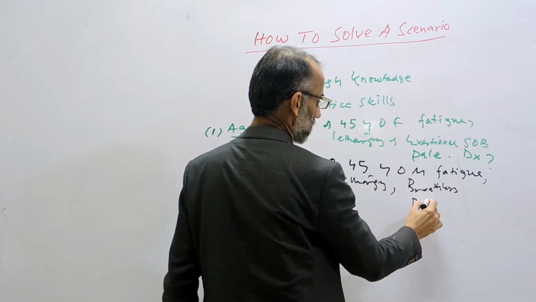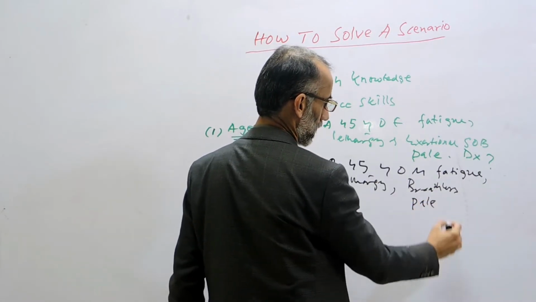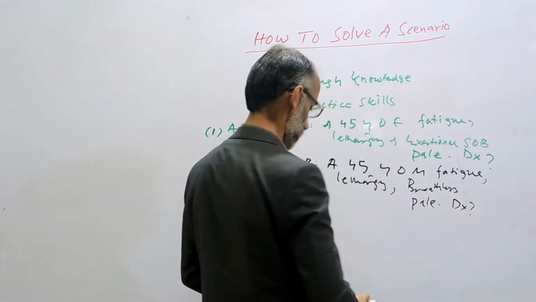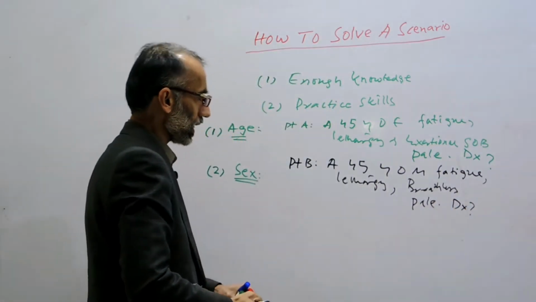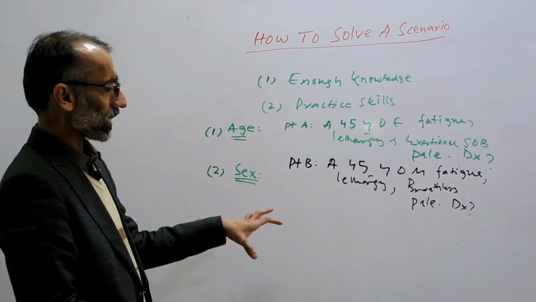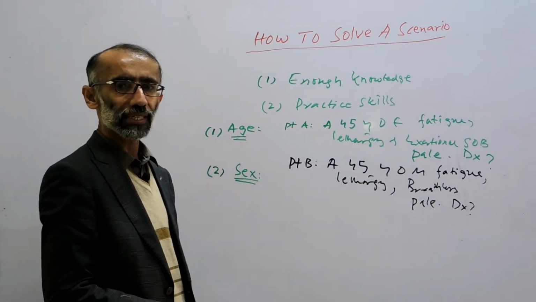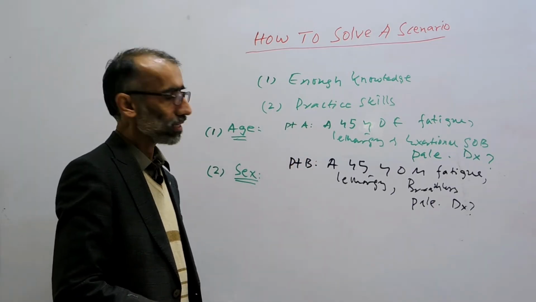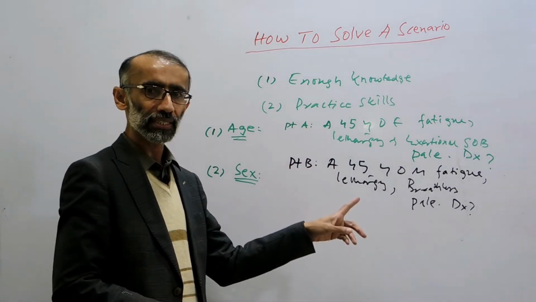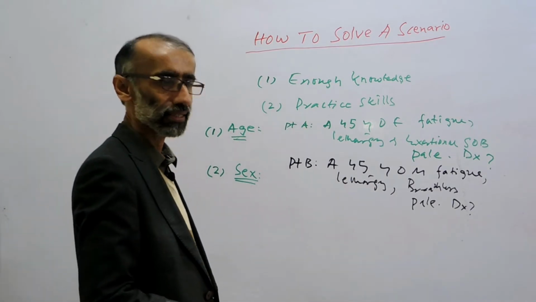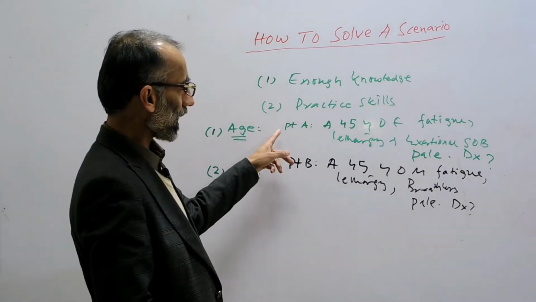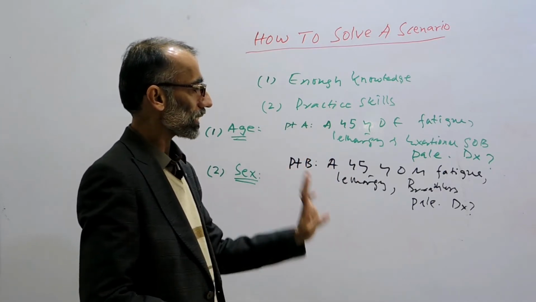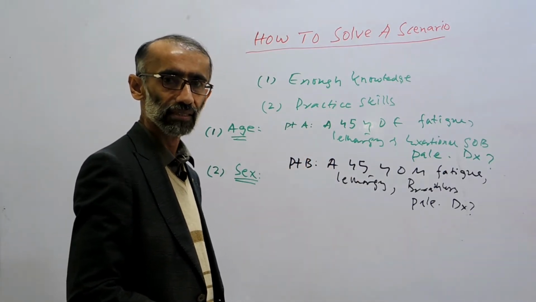On examination, he is pale. What is the diagnosis? In both scenarios, presentation is the same, age is the same, but there is a difference in sex. Patient A is female, patient B is male.